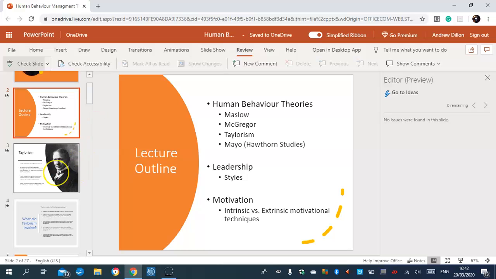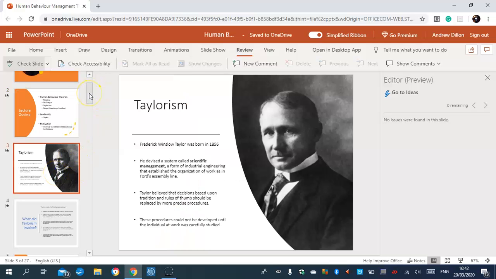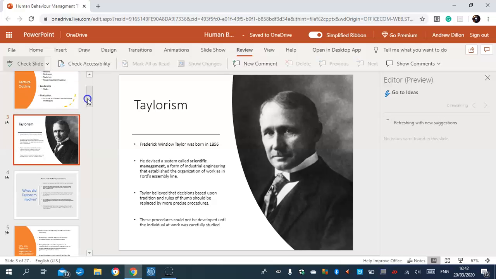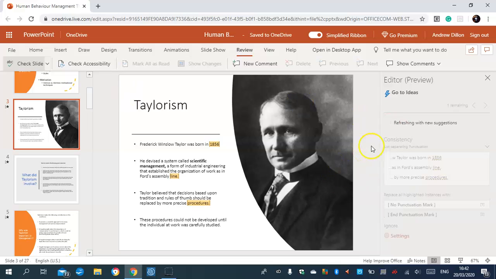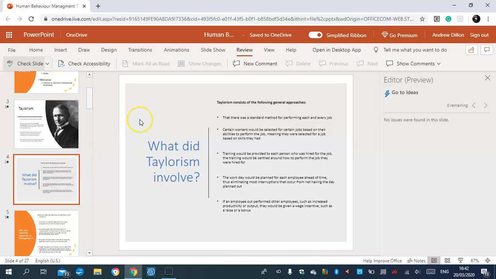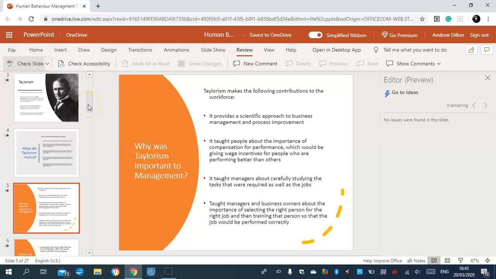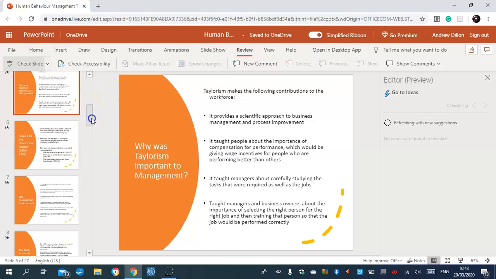The lecture outline: no issues. The Taylorism slide, the guy who created scientific management: no issues. Then the slide on what Taylorism involved. Okay, next slide: why was Taylorism important to management?